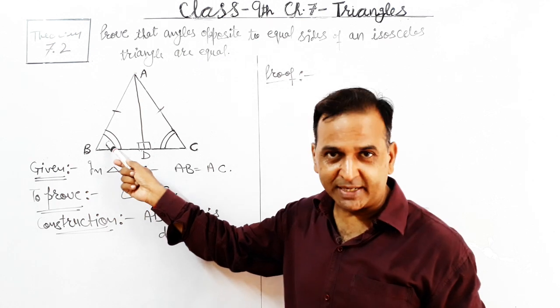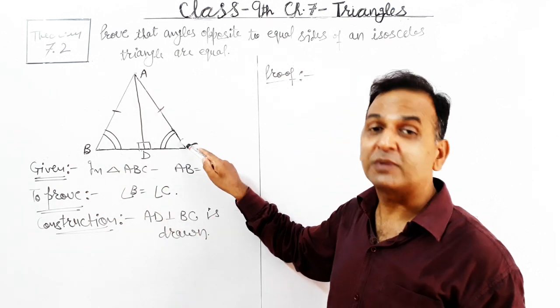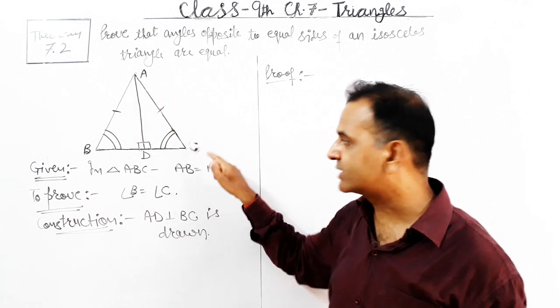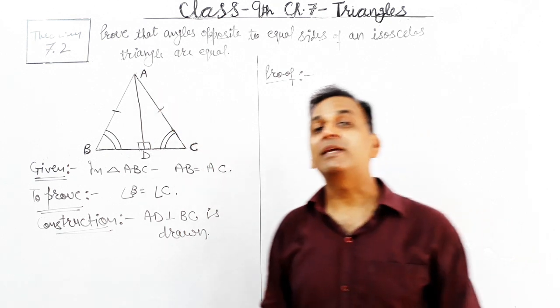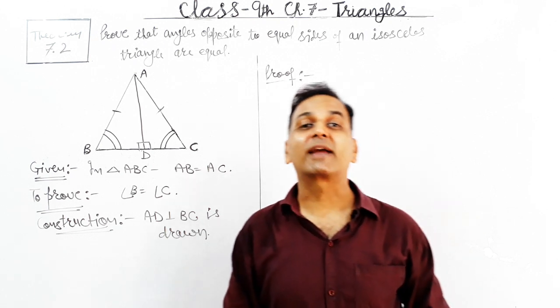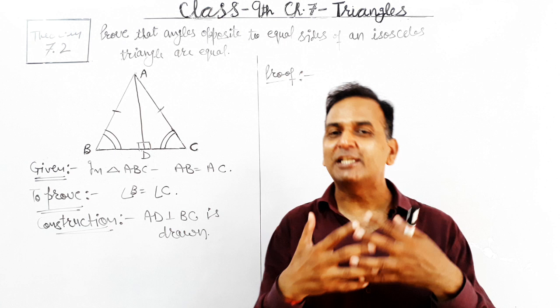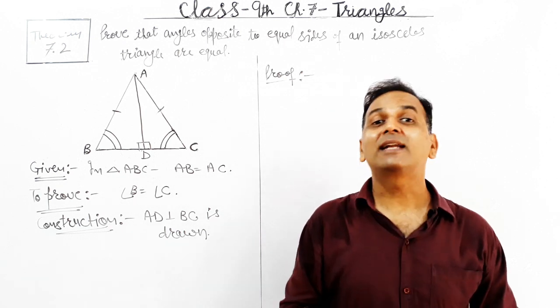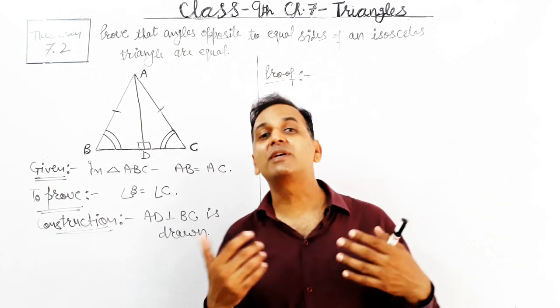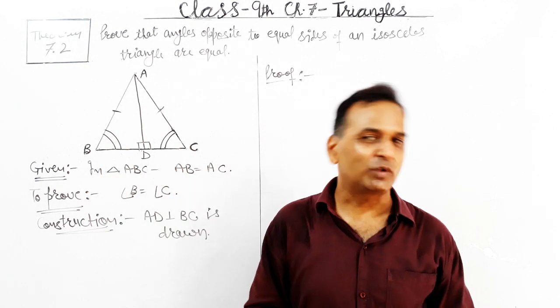Angle B is present in triangle ADB, and angle C is present in triangle ADC. What does it mean? It means if we can prove that these two triangles, triangle ADB and triangle ADC, are congruent, then it can be written very easily that angle B and angle C are equal to each other.